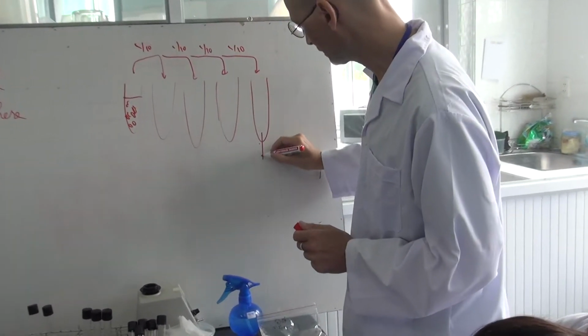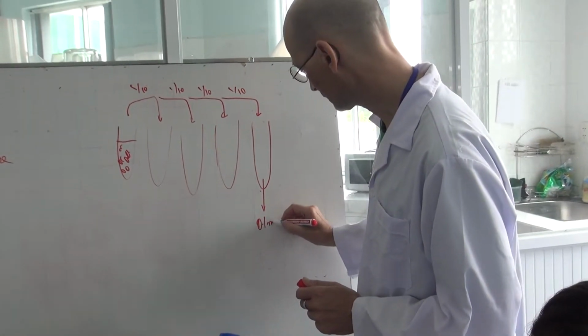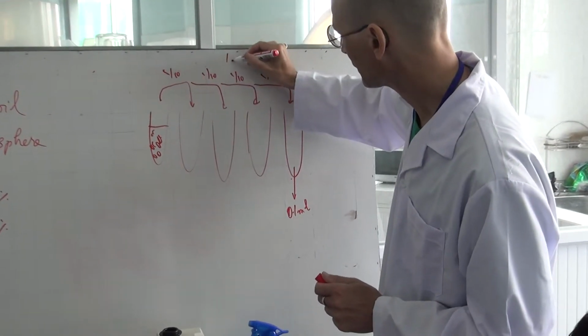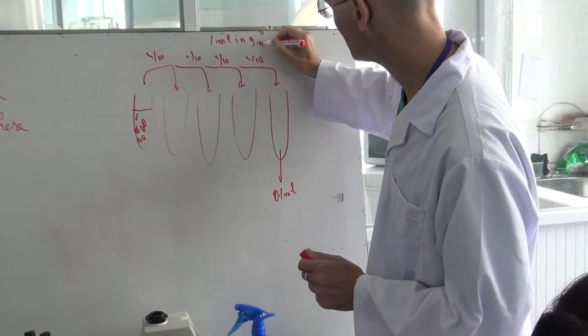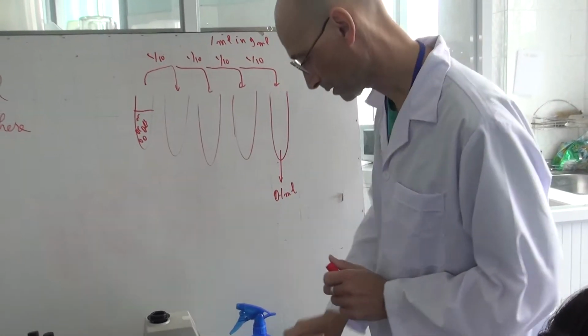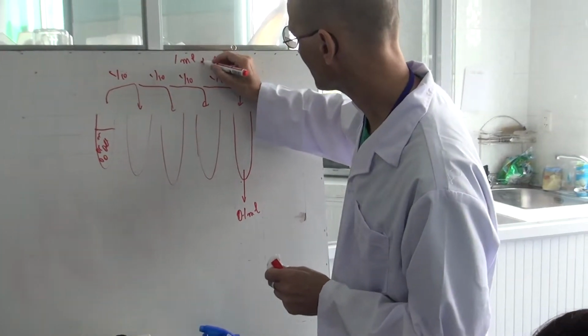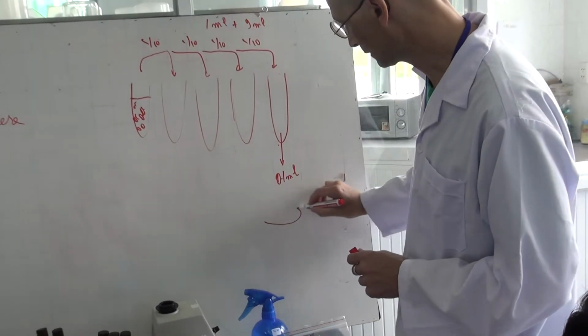And we have taken 0.1 milliliter, and every time it's 1 milliliter in 9 milliliter plus 1 milliliter. So we have taken 0.1 milliliter, we have put that on a plate.